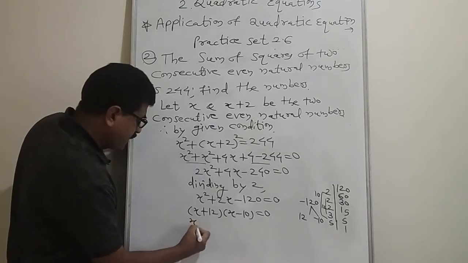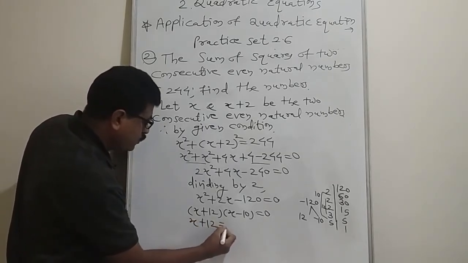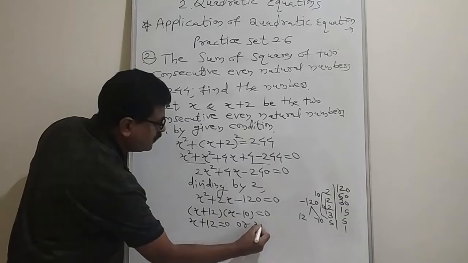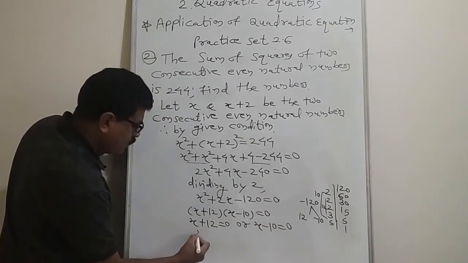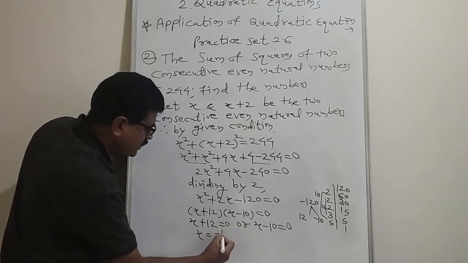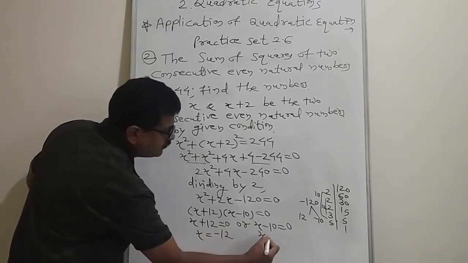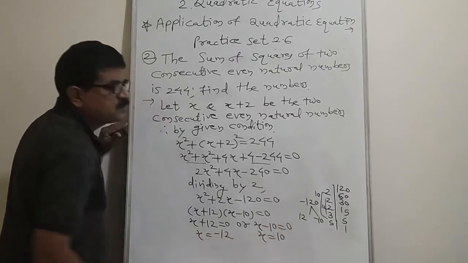Now the first bracket equal to 0 or the second bracket equal to 0. That is, the first value x is equal to minus 12 or x is equal to plus 10.